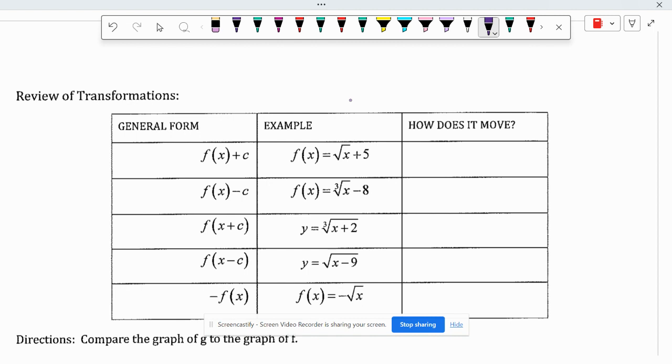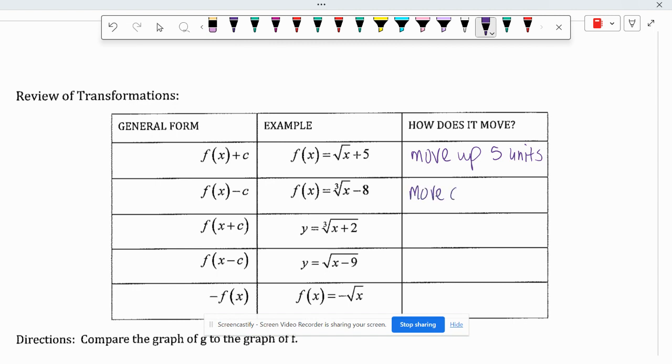Move it up or down. So if it's positive, you move up. And if it's negative, you move down. So this is just saying move up 5 units. This next one, it's a cube root, but it's still saying the same thing. Move down 8 units.